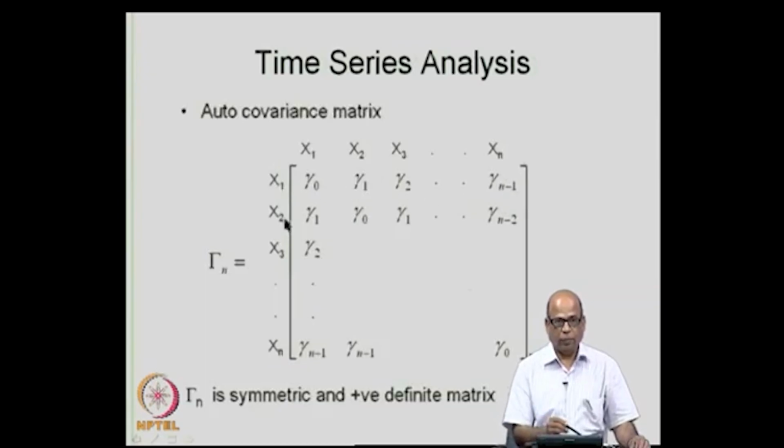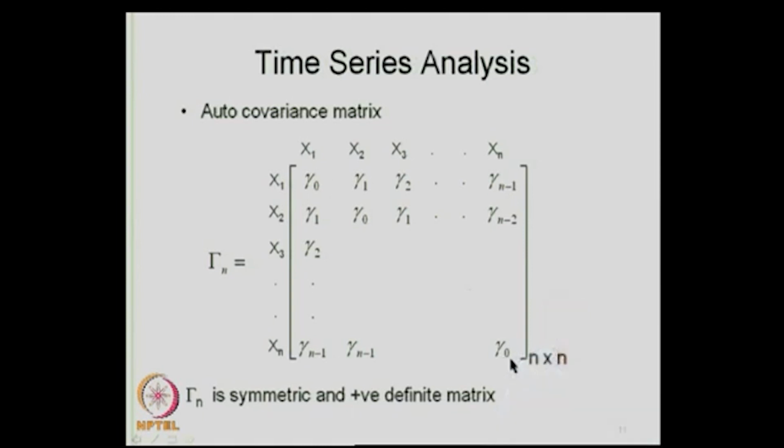Similarly, the second row: x 2 and x 1, which is the same as x 1 and x 2, which is gamma 1, x 2 and x 2, which is gamma naught, and so on, up to gamma n minus 2. Like this, we write the nth row: x n and x 1, which is the same as x 1 and x n, which is gamma n minus 1, and so on. We write the last row. This is an n by n matrix.